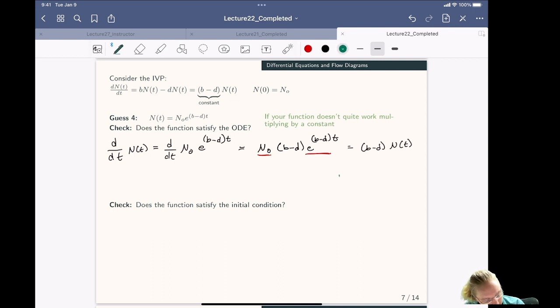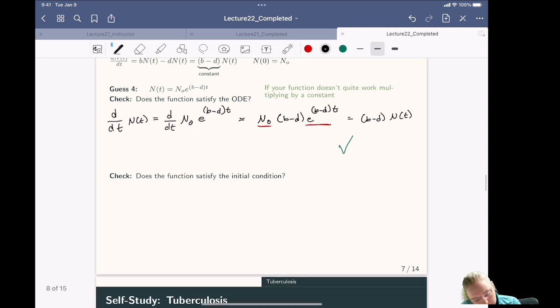So once again, this satisfies our differential equation. Does it satisfy our initial condition? In order to figure this out, we plug in t equals 0. So I'm going to plug in a 0 here. Now, this is our function that we're plugging it into. So we have n0 e to the b minus d times 0.